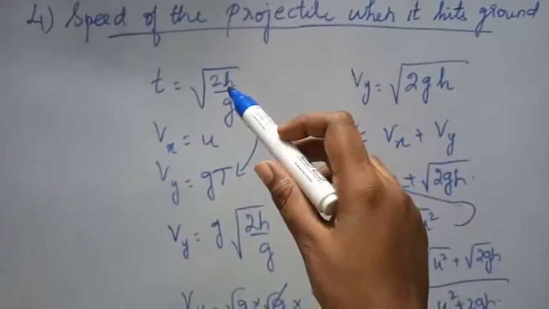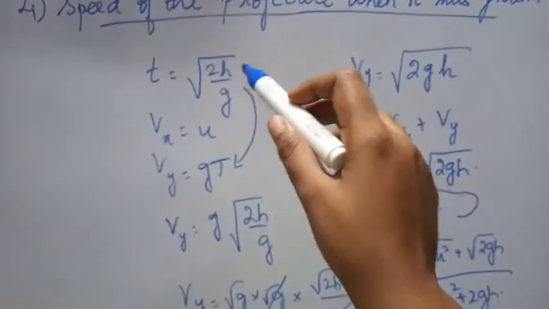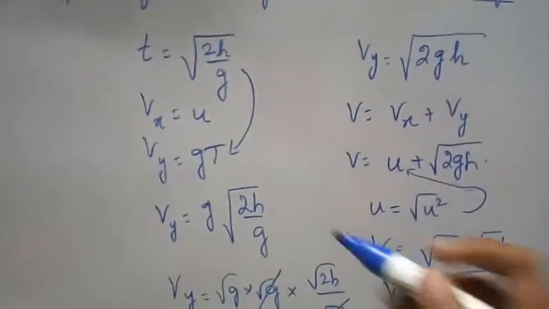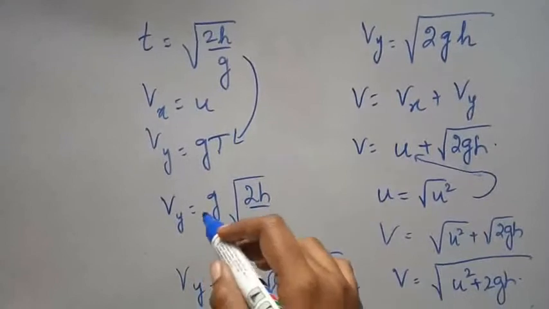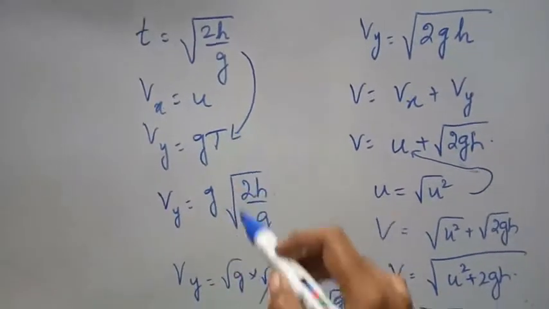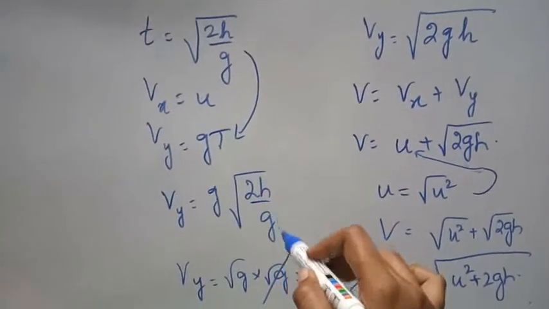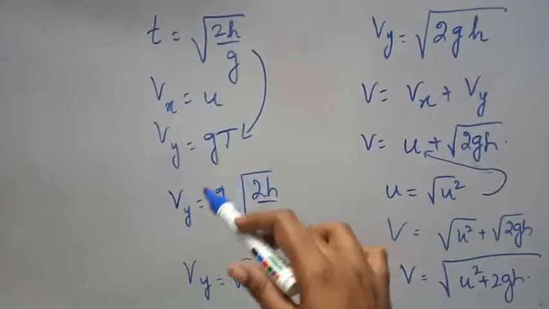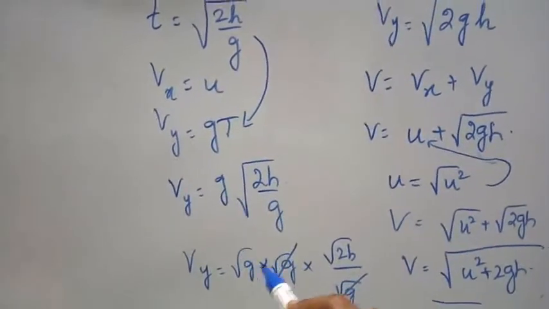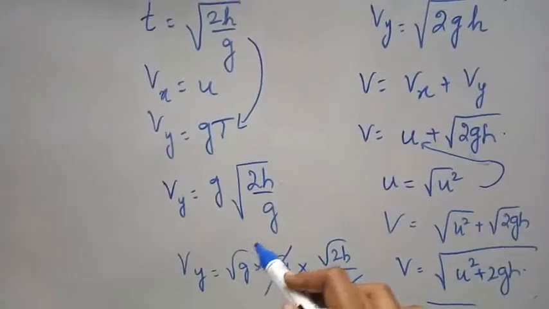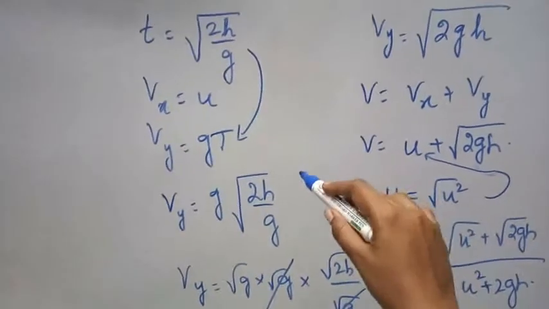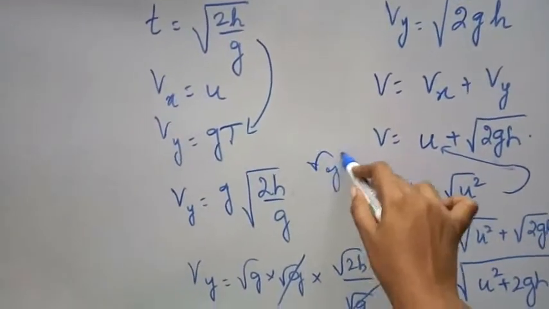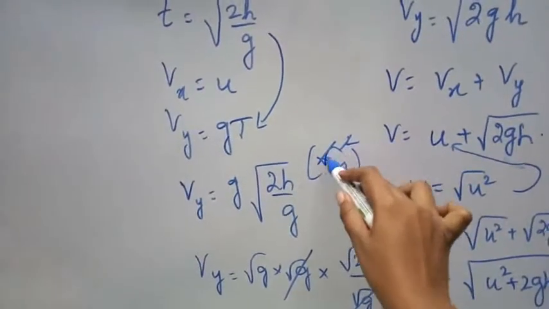So substitute this t value in this equation, then you will get Vy equal to g into, instead of t, root of 2h by g. So this g can be written as root g into root g, right? If you write it like this, it will become root g the whole square. Then square and square root will get cancelled off.